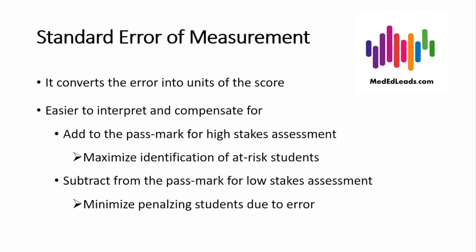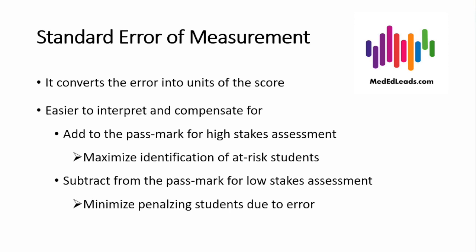So if you have a very high stake exam, because when you're doing these licensure examinations, you are giving license to practice and you are much more concerned for your society, for your body of patients. You don't want to pass your candidates or certify them or give them license to practice because of error in your exam. So what we do is we convert the reliability into a standard error, and we add 1 standard error into a passing mark.